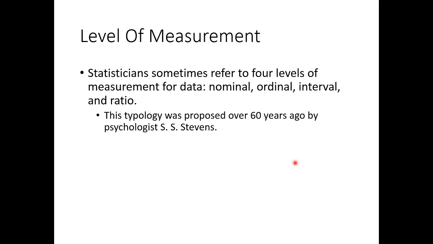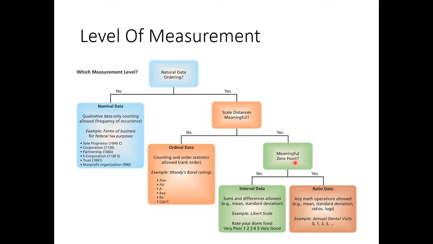Okay. Let's see this figure first. We have data, and we will classify this data based on these questions. First, natural data ordering: if the data has an order, then we go this way.